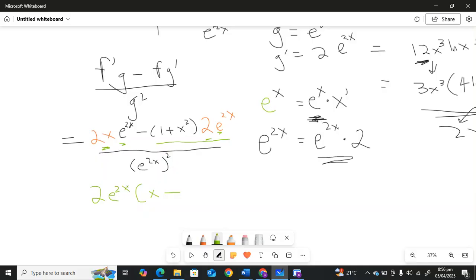The 2e to the power 2x's cancel, so we remain with 1 plus x squared, over e to the power 2x, squared.